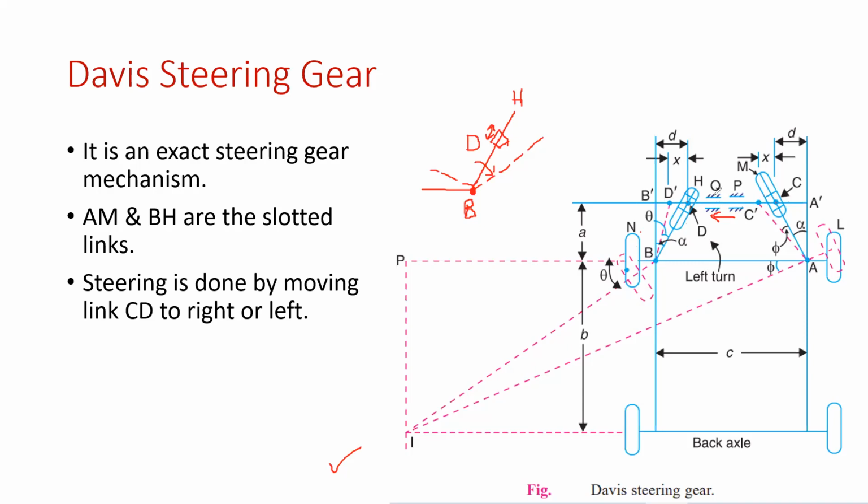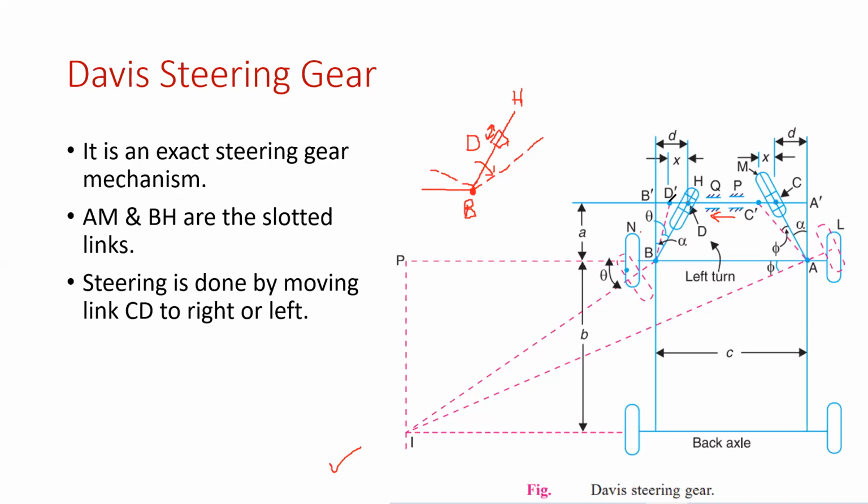Means it has been provided under the guides. These are the guides. This rod cannot go away from these guides. Means this rod is constrained to slide in these guides. So if you want to take a left turn, this link CD will just slide towards left.